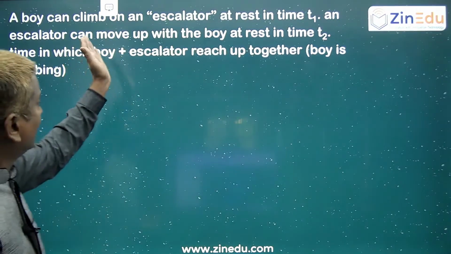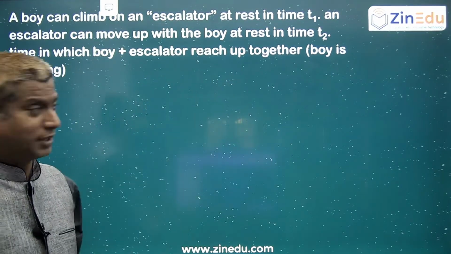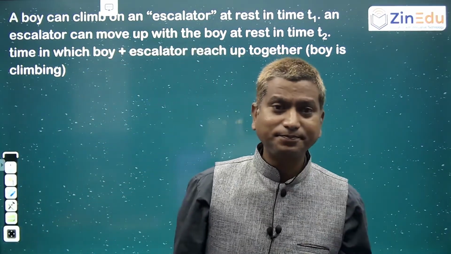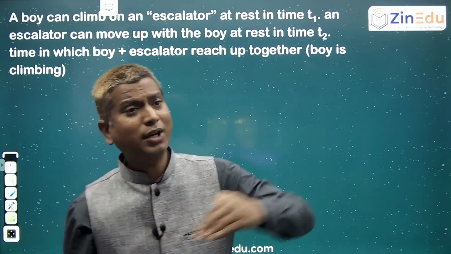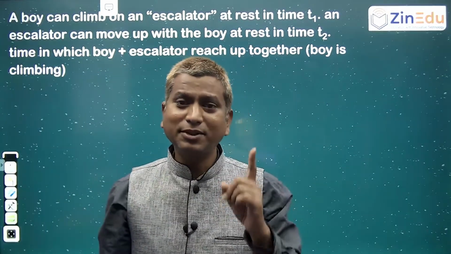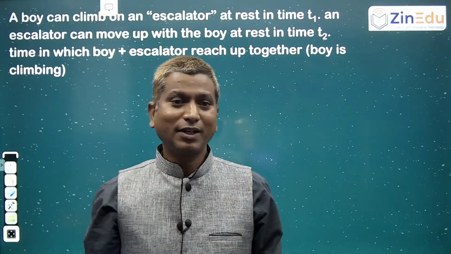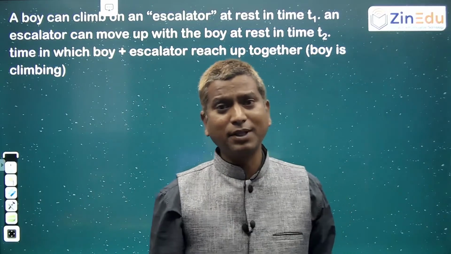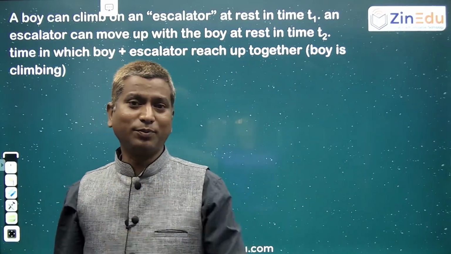Now when both of them are moving, the question is like this. I'll explain the question. First, the escalator is at rest, and the boy is just climbing the escalator. That takes a time t1. Now when he is at rest on the escalator and only the escalator is moving up, that will take a time t2.